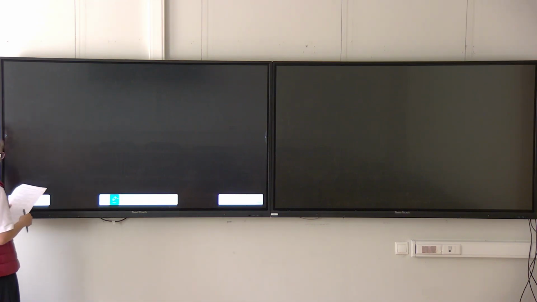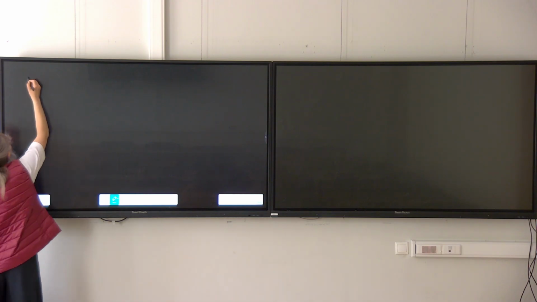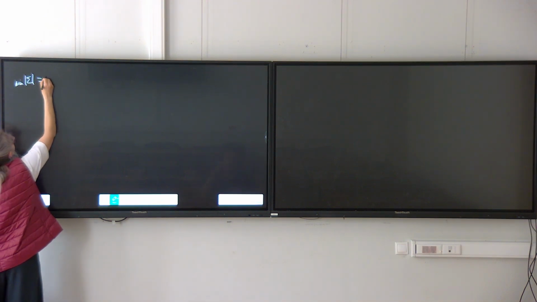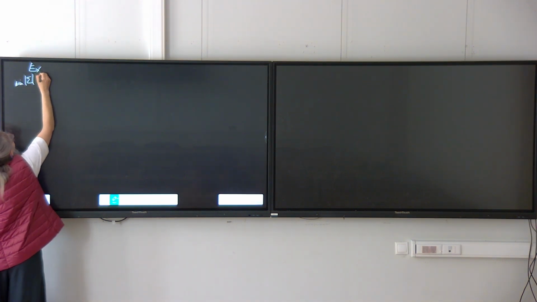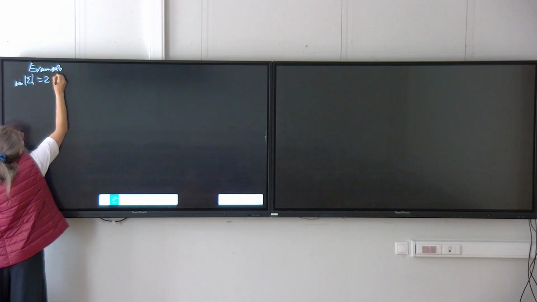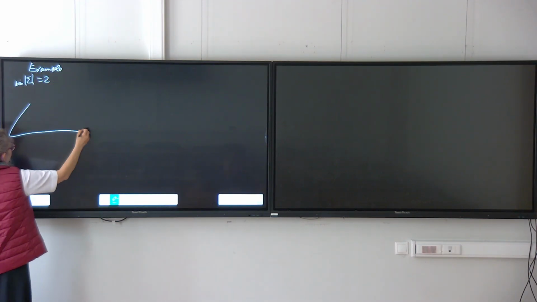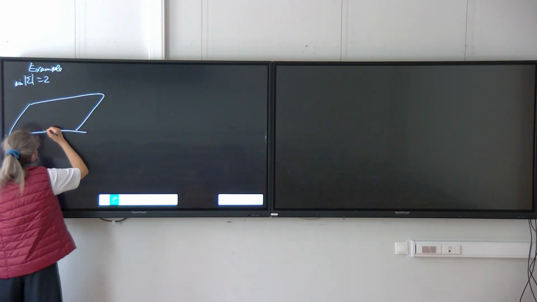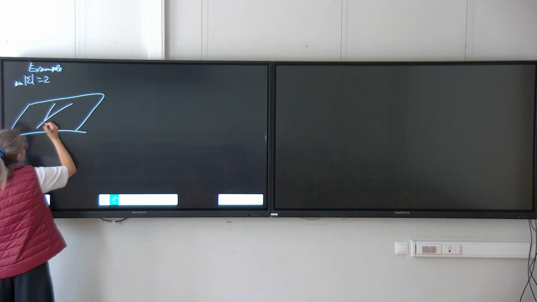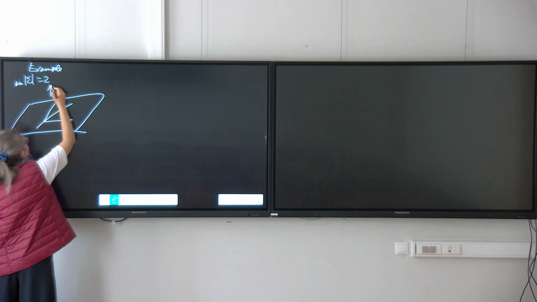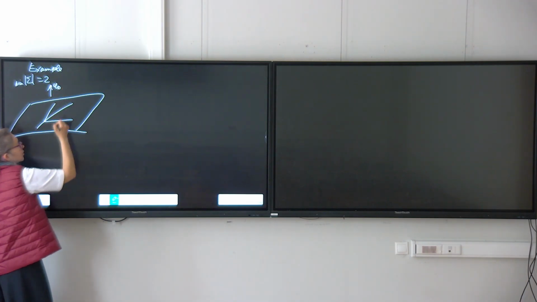If our fan is of dimension, for example, 2, then we can draw a picture in the three-dimensional space. So this will be our fan, and this will be the value of phi d. Okay?